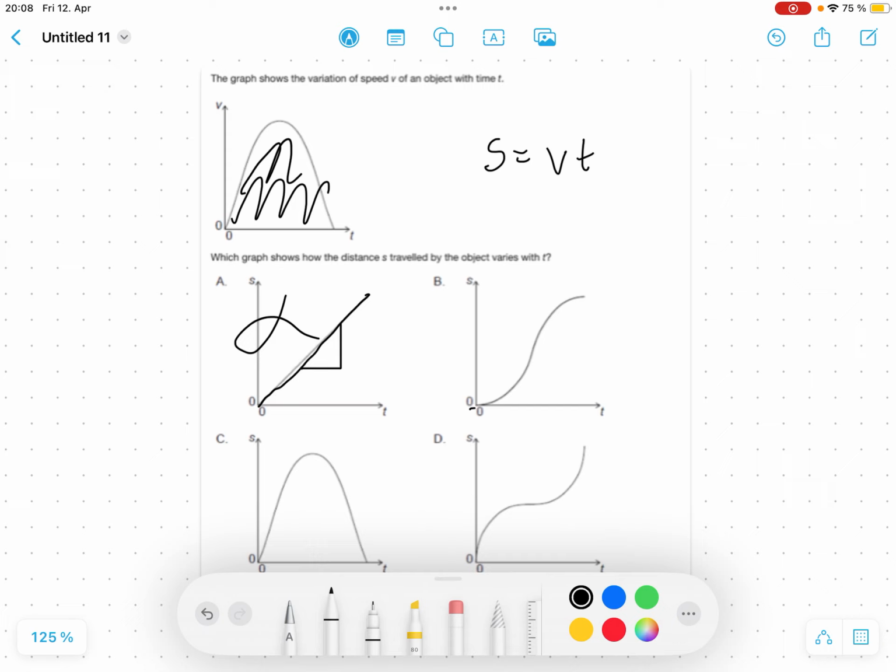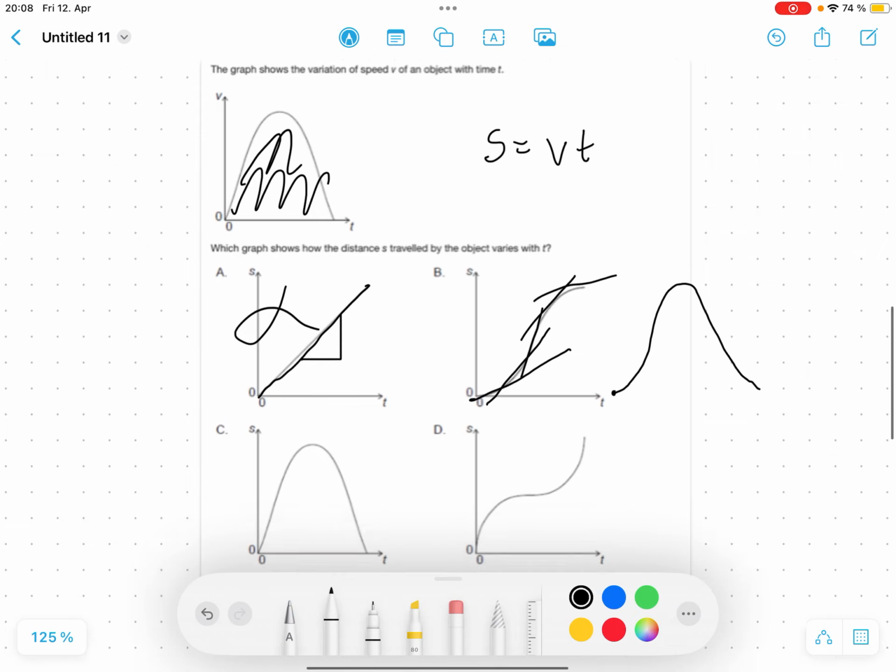Now, here we can see that the gradient starts quite low, starts to increase, and then starts to decrease again. If we started to plot this, we would get something like the gradient being here, increasing in steepness, then starting to decrease again. We would get something that looks like this.